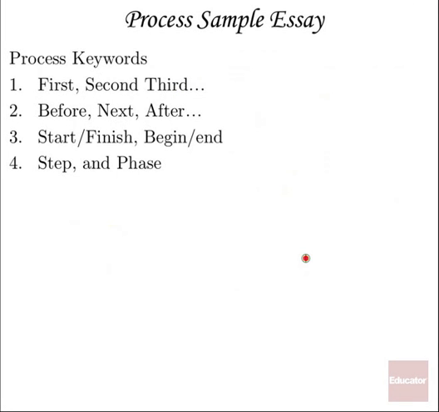So, what are some examples of a process? Well, first, second, third. Our listing transition words are pretty universal. We use them all the time. Processes always involve time too, though, so any time transition could also be a process transition.